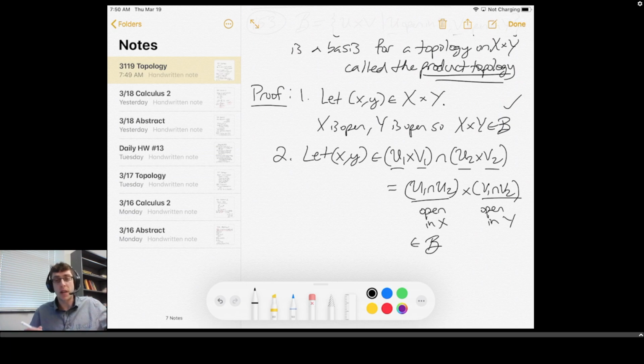Just that there is a basis element that contains it. So for any element in your set, there is some basis element containing it. So here, the whole thing is actually a basis element. So you're just good from the start.